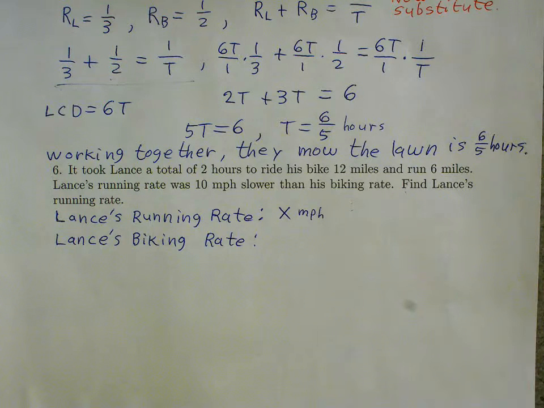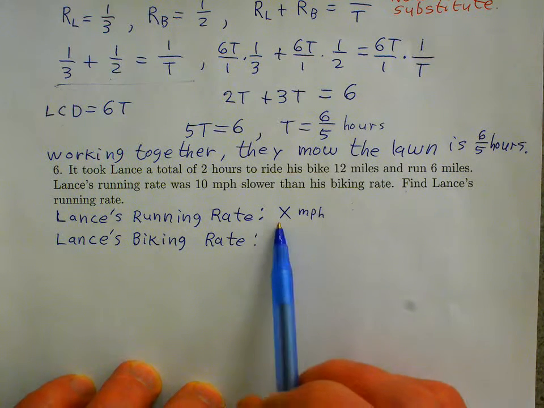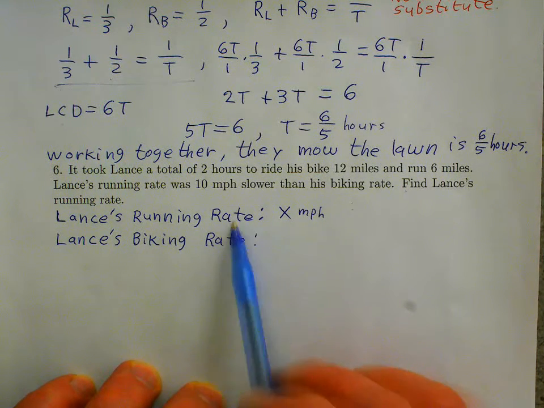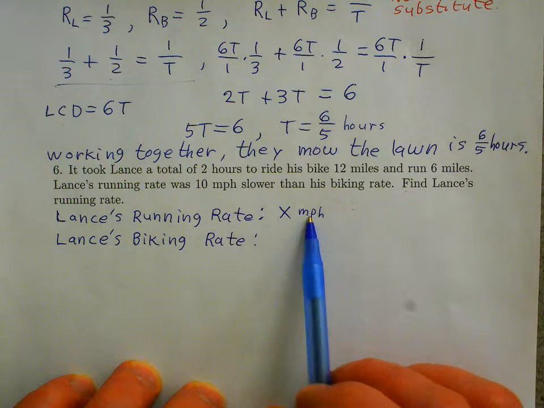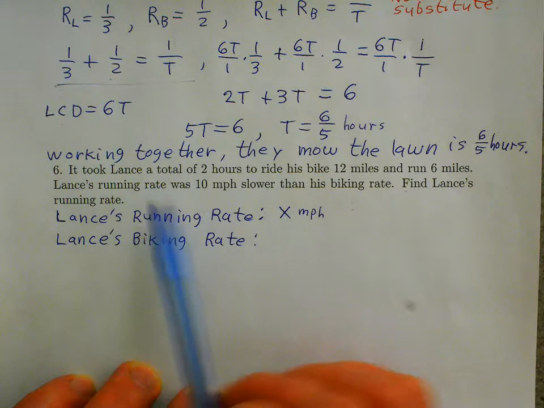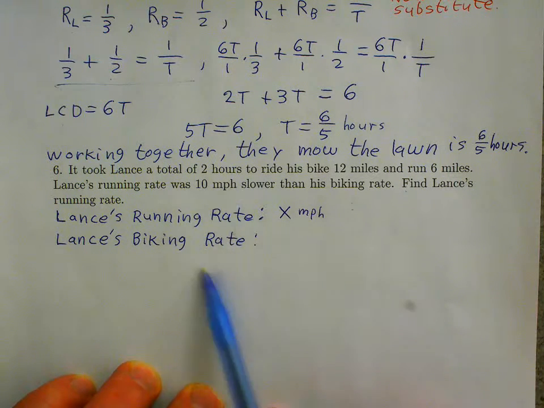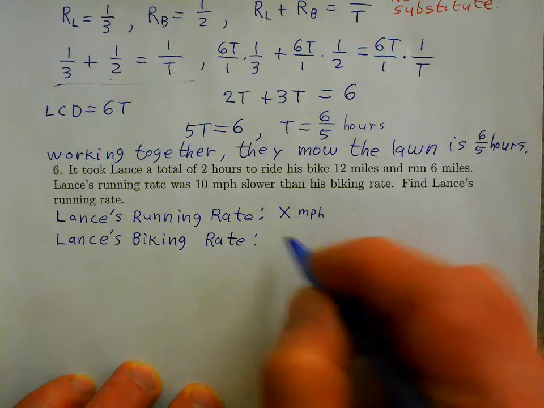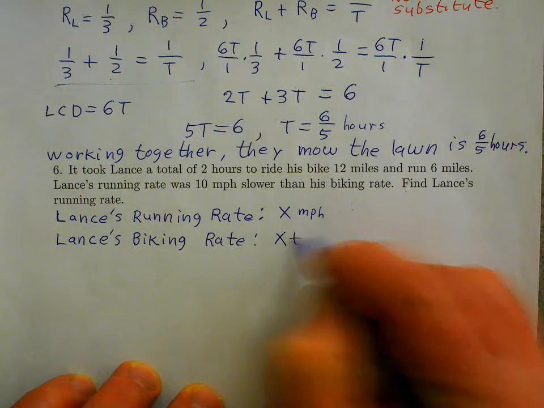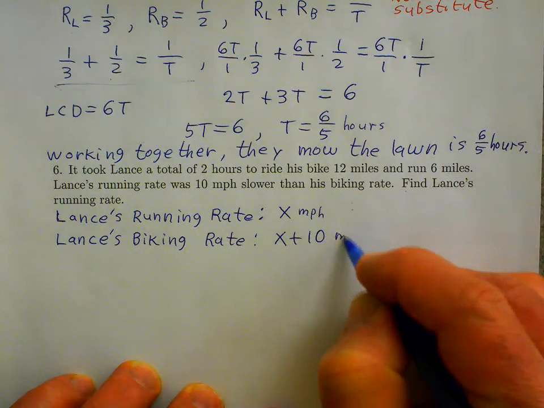Yeah, it will be x plus 10 miles per hour, since we already assigned Lance's running rate to be x miles per hour, and the running rate is slower than the biking rate by 10, the biking rate has to be x plus 10 miles per hour.